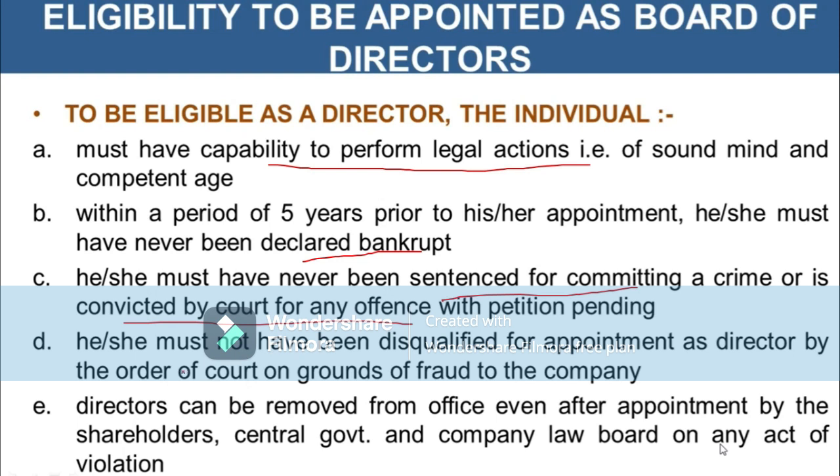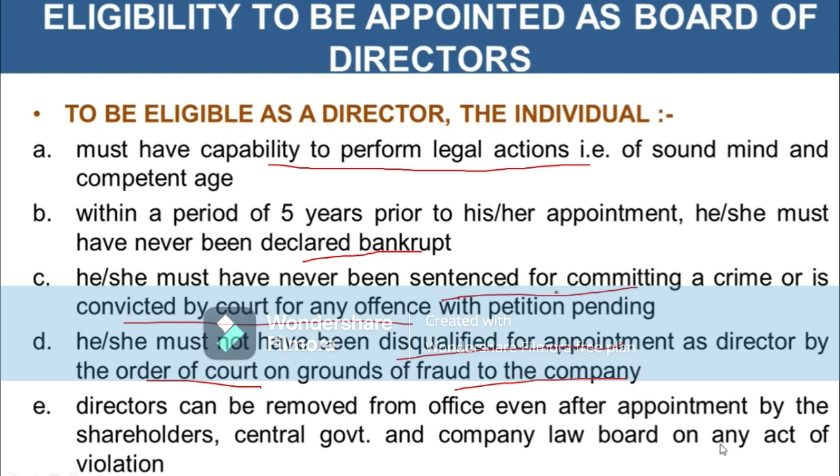And he must not have been disqualified for appointment as director by the order of court on grounds of fraud to the company.